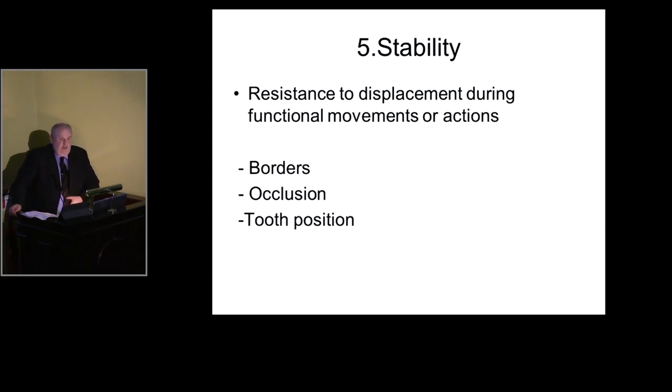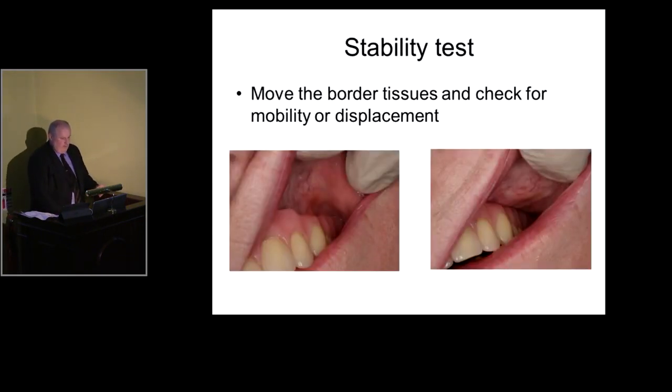Final thing, stability. There are three things that control stability: the borders, the occlusion, and the tooth position. Okay? So, how do you test for stability? You know how to test for retention, you know how to test for support. How do you test for stability?